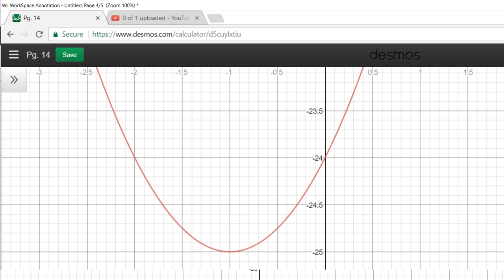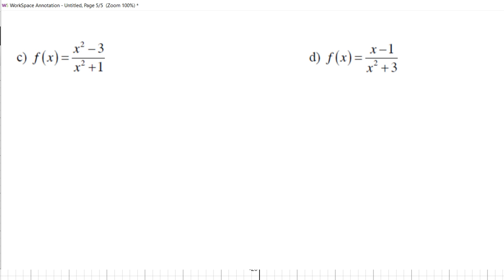Well, let's get to part C. If you want to try this one on your own, you can, but if not, follow along with me. We want to figure out when this function has a horizontal slope, which means a slope of 0. Once again, we start by taking the derivative. We can't factor this to make it pretty or simplify, and there are 2 terms in my denominator, so I can't split this one up.